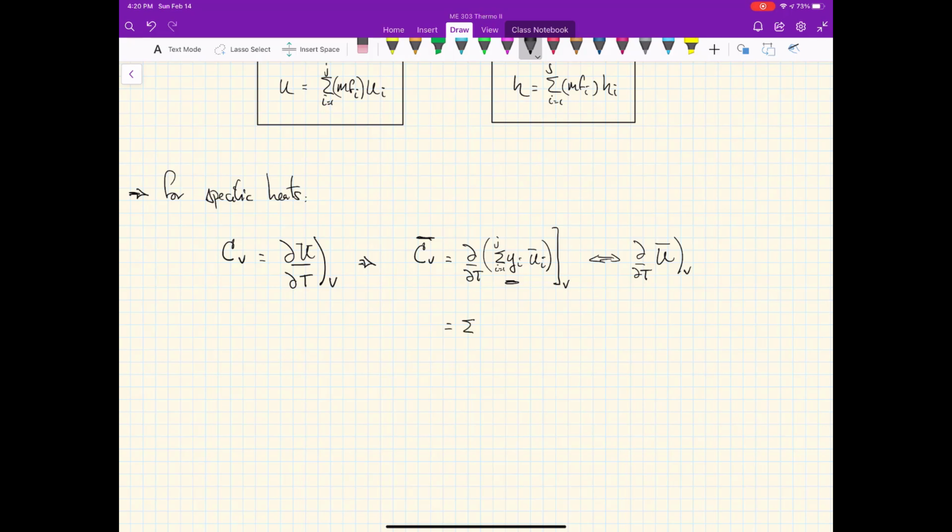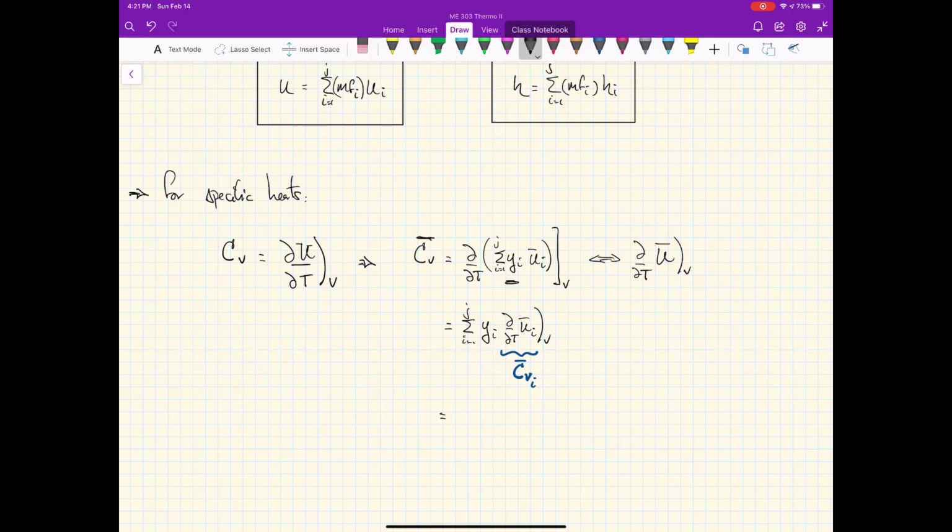Which is going to be equal, as we saw in the boxed equation above, to the sum over all mole fractions of each of the constituents times their respective molar internal energy, keeping volume constant, which is the same as saying d/dT of u bar at constant volume.